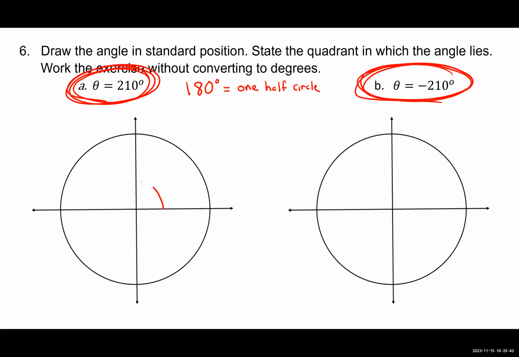So 180 in the positive direction looks like this. 180 in the negative direction looks like this. So positive 180 and negative 180 put you in the same place.